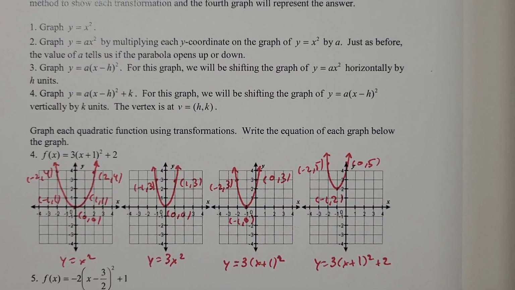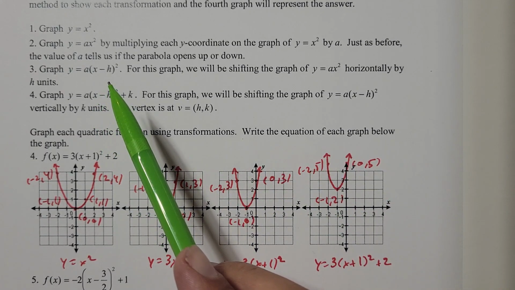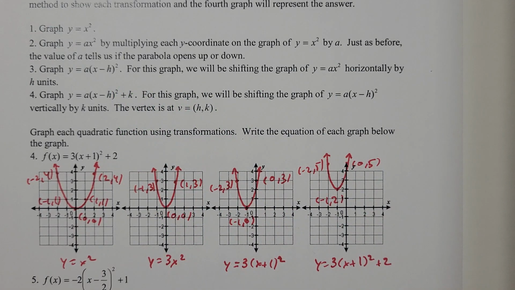The third thing is going to be a shift to the left or to the right of graph 2. You're going to graph y equals a times x minus h squared, so you shift this graph to the left or the right, h units.